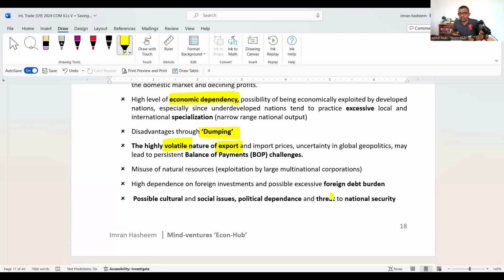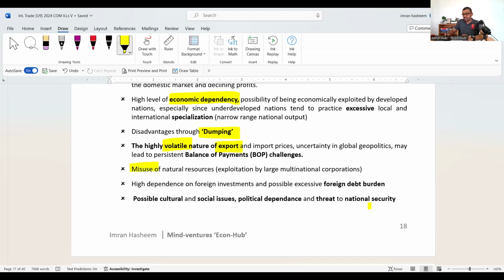If a big part of our GDP, if a big part of our economy runs on export-oriented industries depending on the world market, that also has an impact when there is volatility in the export markets, right? So economic dependency, the inelasticity we have of imports, and the volatility of exports is a major limitation we face when it comes to international trade.